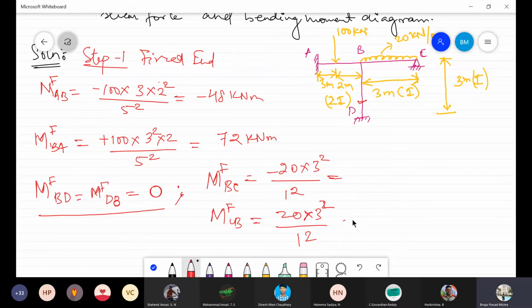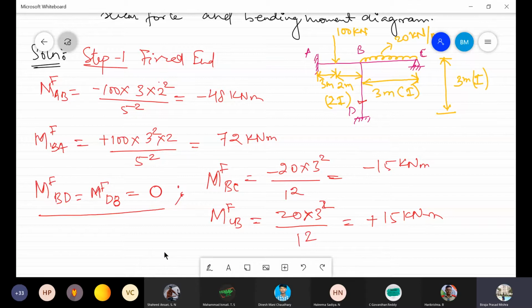Okay, so how much it is coming? Minus 15 kilonewton meter, and this is plus 15 kilonewton meter. Okay. Now, so we have determined all the fixed end moments.